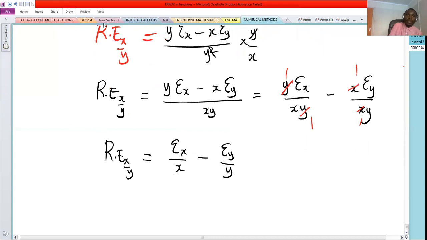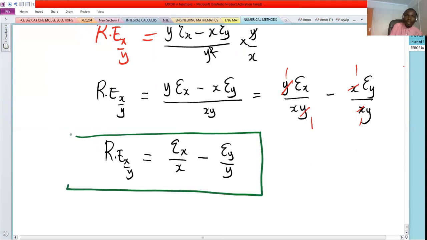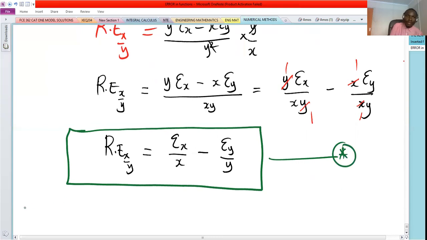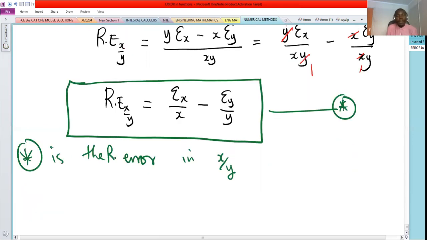So this is a statement for the relative error in the quotient. And so if we call this one star, then we can say star is the relative error in quotient x over y. So you see that this is the same thing as saying relative error in the quotient x over y equals, so this defines the relative error in x, this one defines the relative error in y.